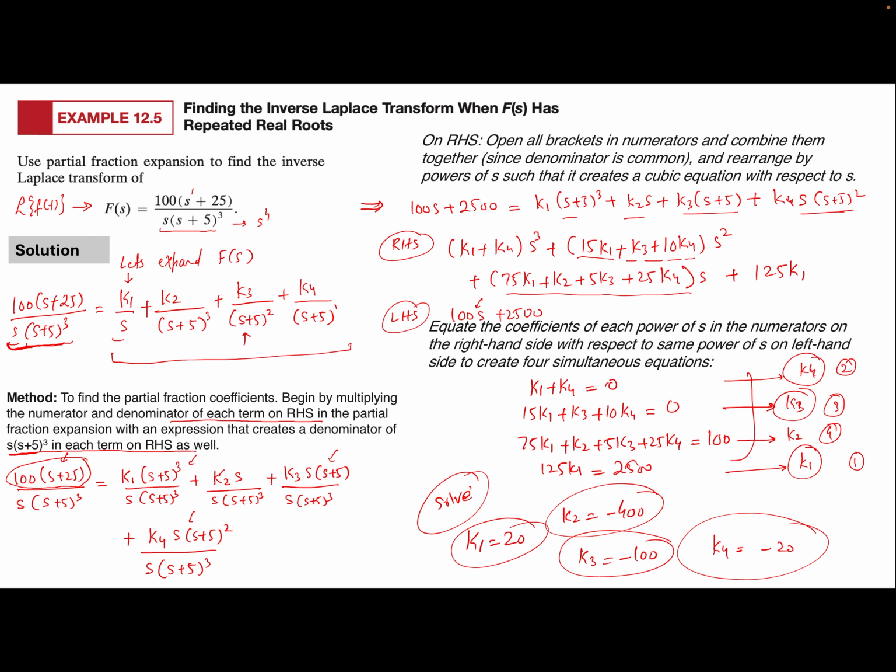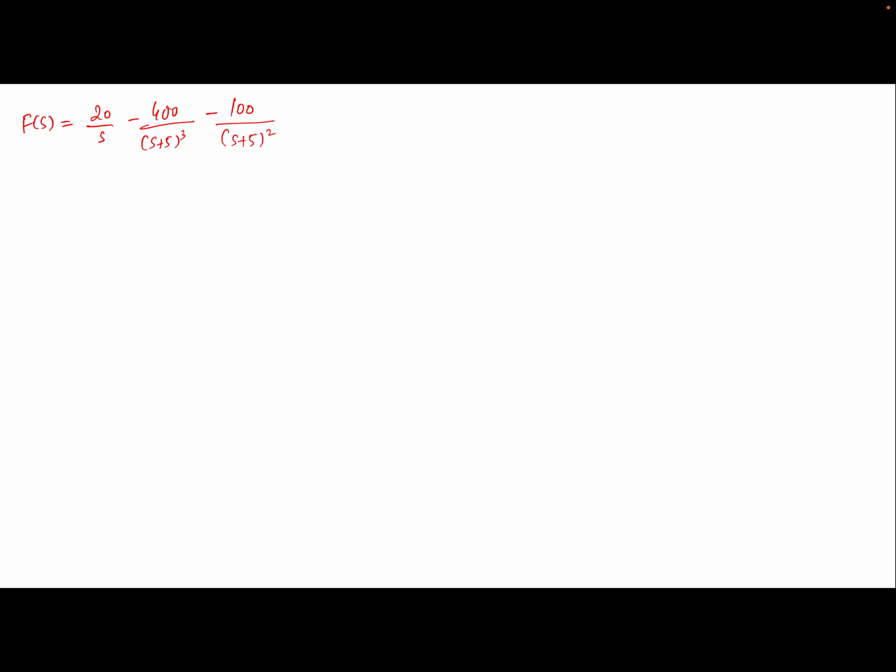K4 is minus as well, minus 20 over s plus 5. Okay, awesome.